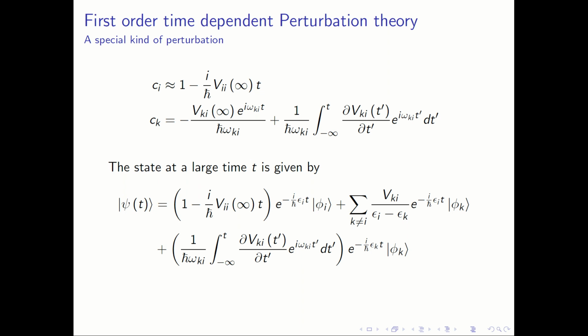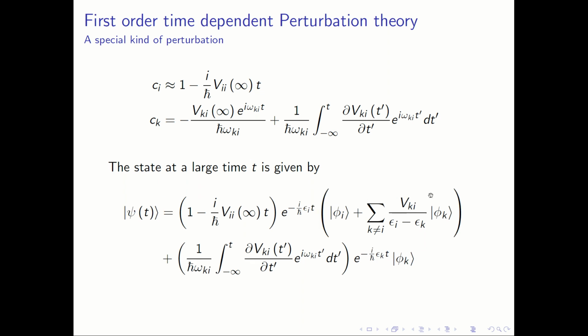What that means is I can take this 1 minus i by h cross V_ii infinity t to multiply not just this term, but the entire thing on the top here.